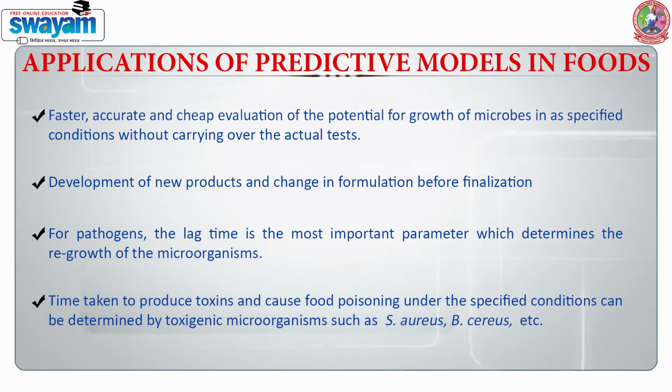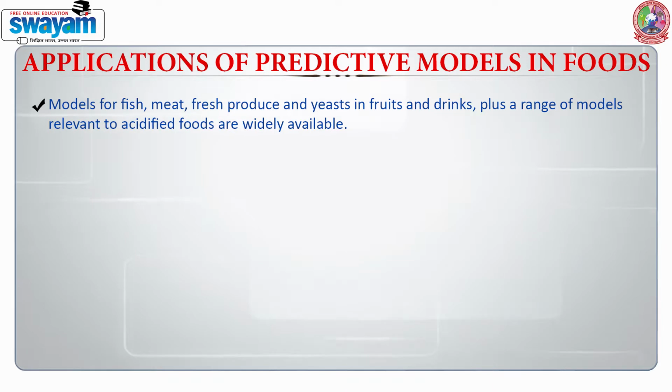The time taken to produce toxins and cause food poisoning outbreaks also can be taken care of under specified conditions, and these can be determined for toxigenic microorganisms such as Staphylococcus aureus, B. cereus. We can also have specific models for fish, meat, fresh produce and yeast in fruits and drinks.